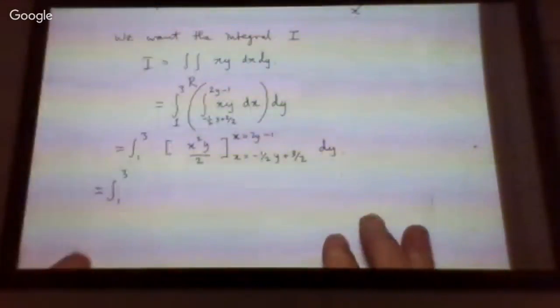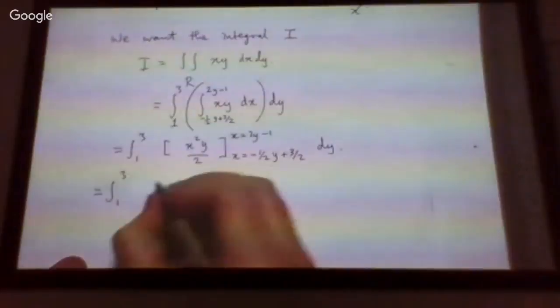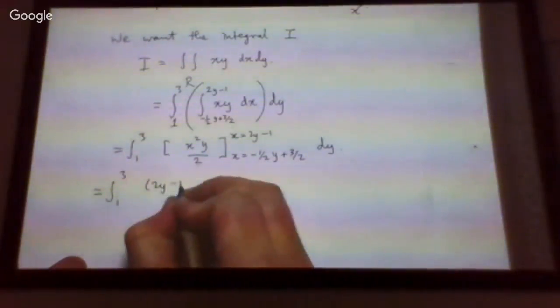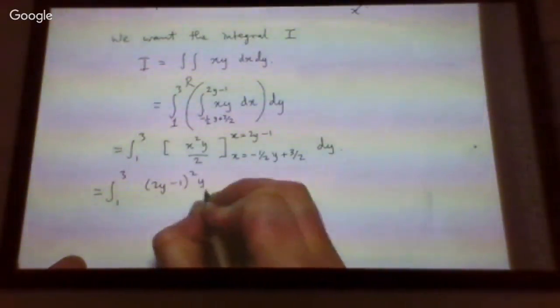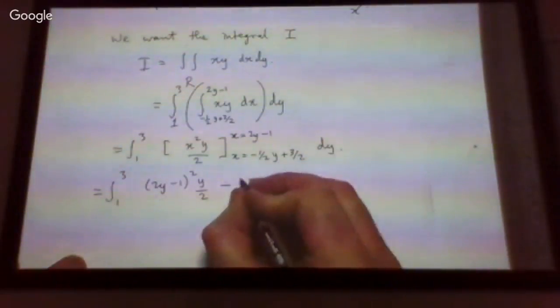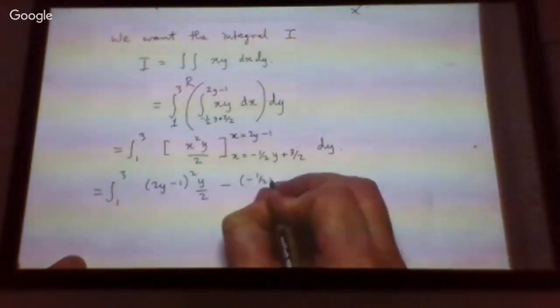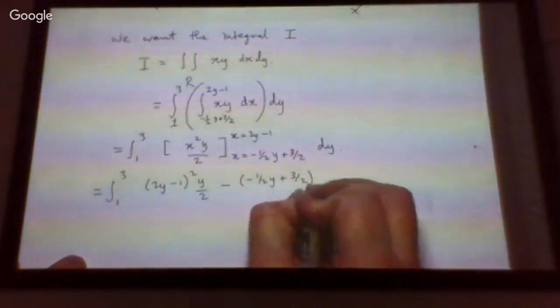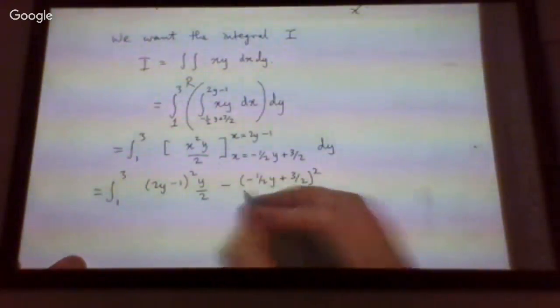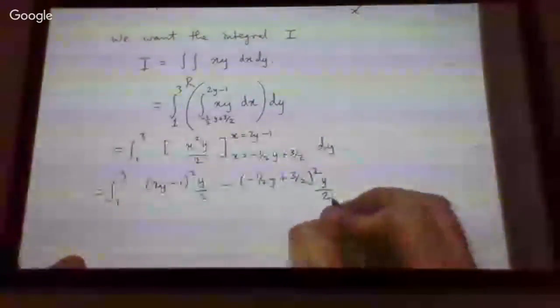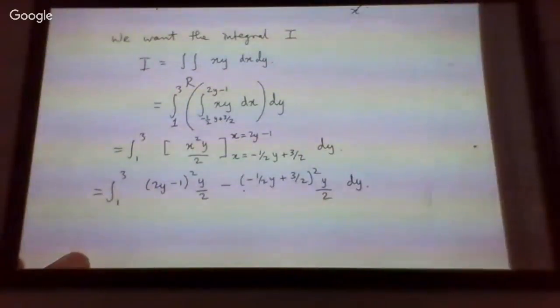We haven't started that yet. So you've got 2y minus 1, all of it squared, times y over 2, minus minus 1/2 y plus 3 over 2, all of it squared, times y over 2. And then you're integrating all of that with respect to y.